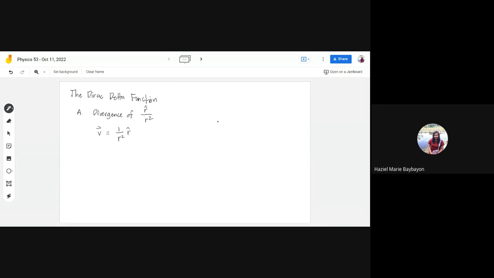It is directed radially outward. So, as you can see from this figure alone, we can tell that this vector function has a positive increasing divergence.